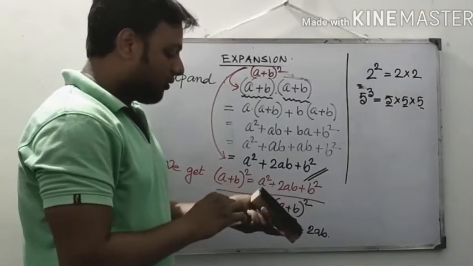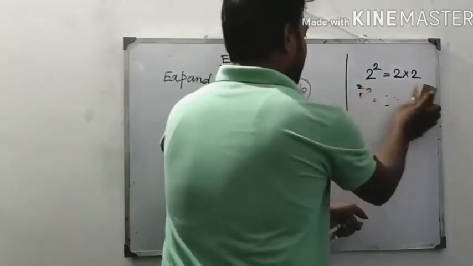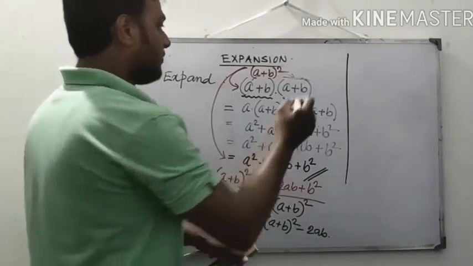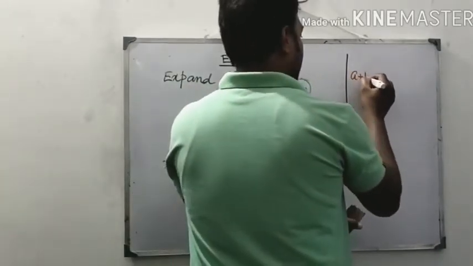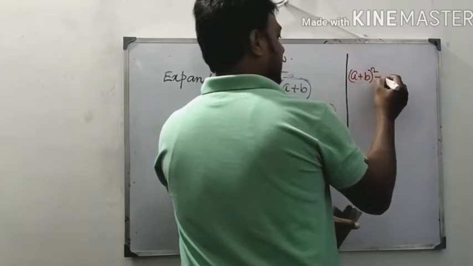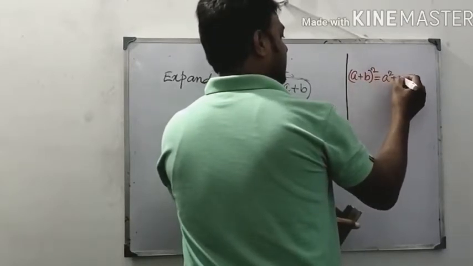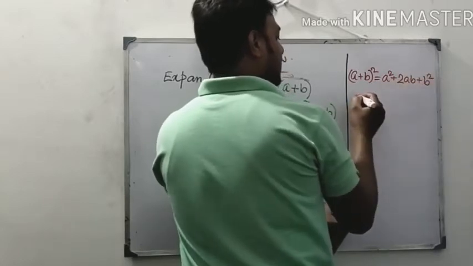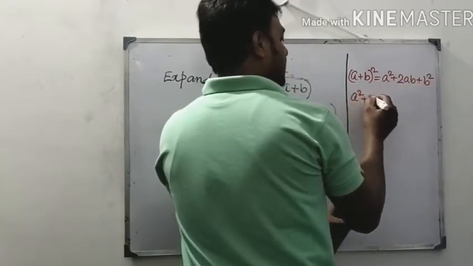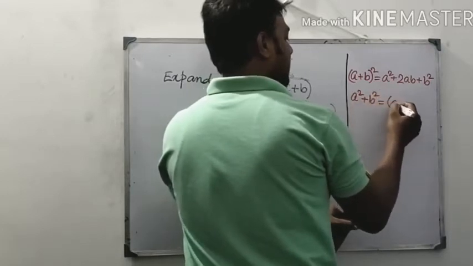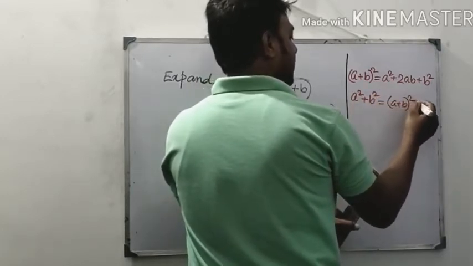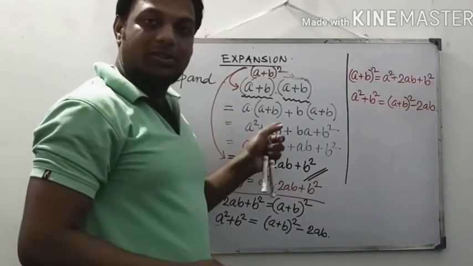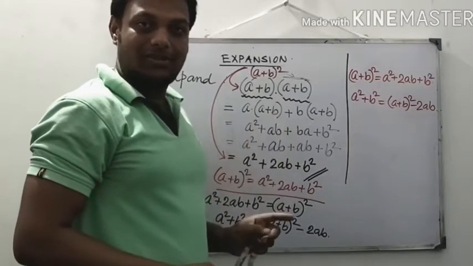Okay, so now we have two results and we have to memorize these two results: (a plus b) whole square equals a square plus 2ab plus b square, and second, a square plus b square equals (a plus b) whole square minus 2ab. You have to note down all this information by pausing the video.